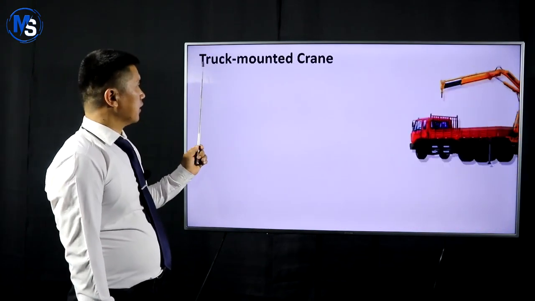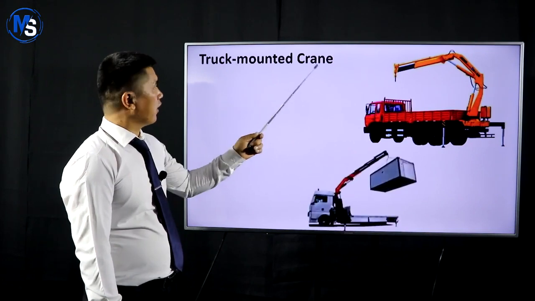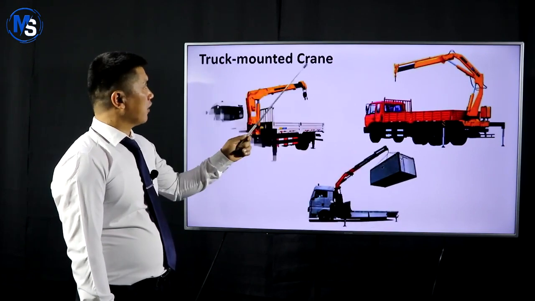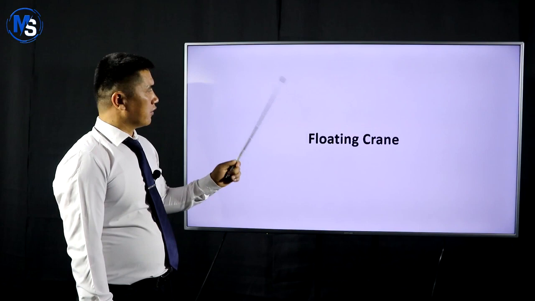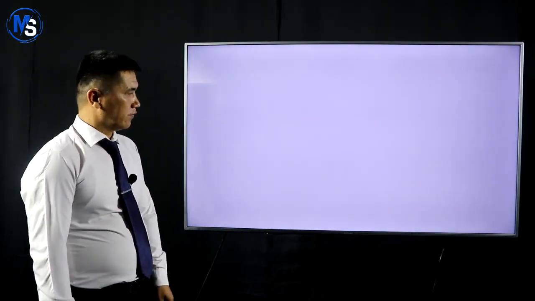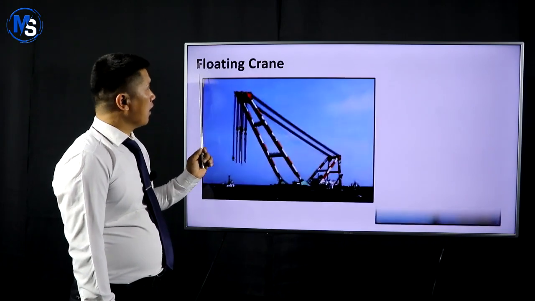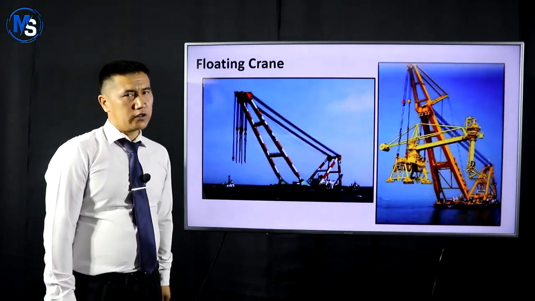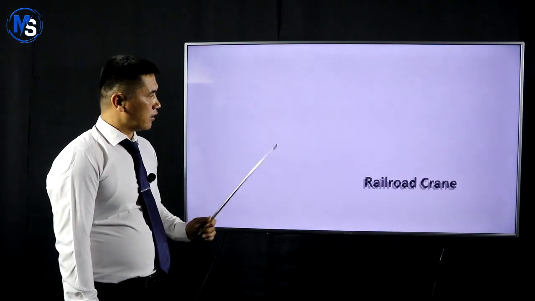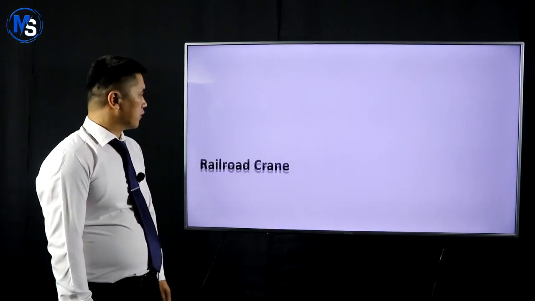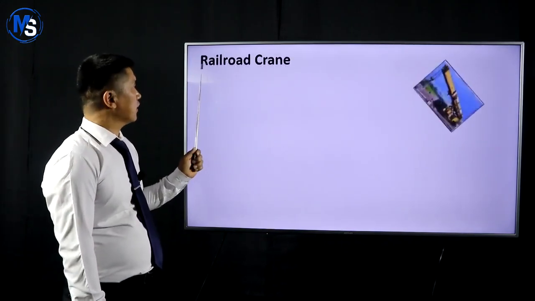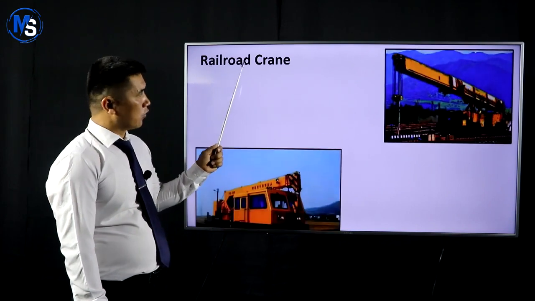Okay, then the next one is a truck mounted crane. The crane is mounted on a vehicle. Okay, this is a floating crane. It's used at seasides and on seas. And the next crane is called a railroad crane.